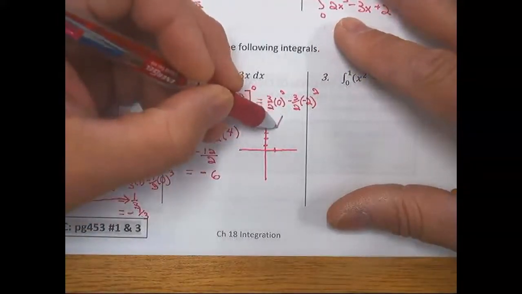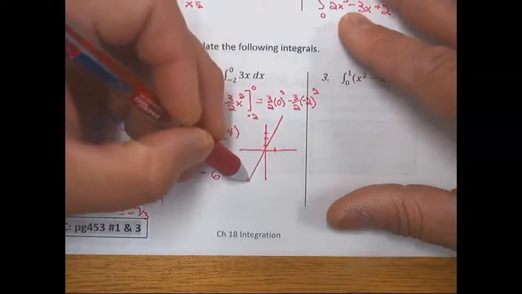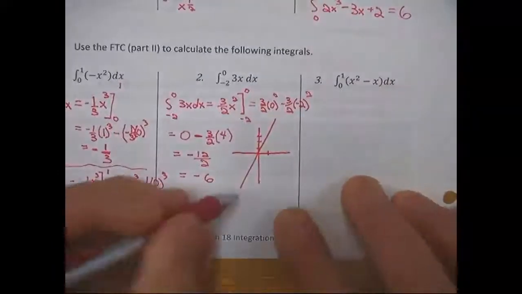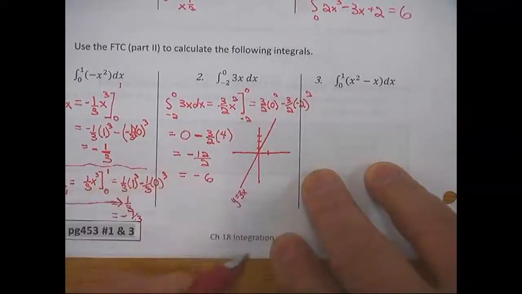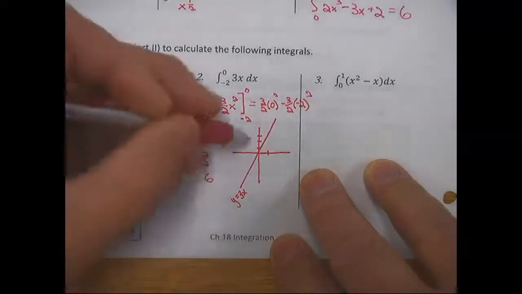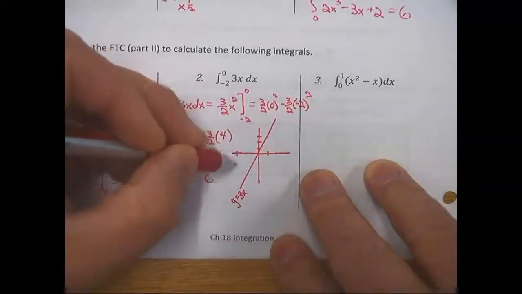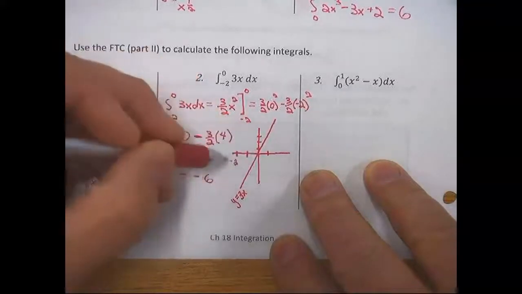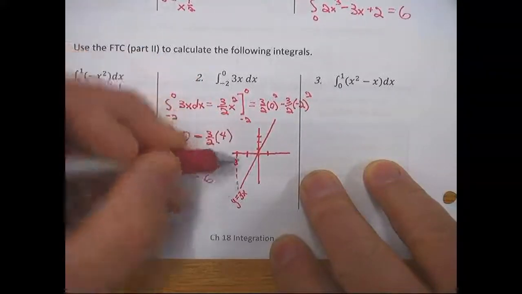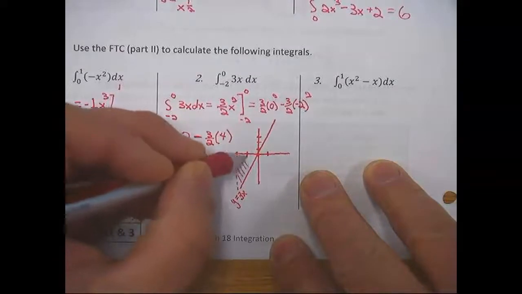So it looks something sort of like this. Okay, that's the line y equals 3x. So if our bounds are -2 to 0, then this is the area that you're following.